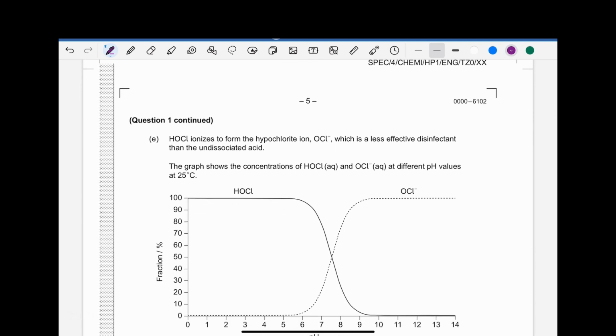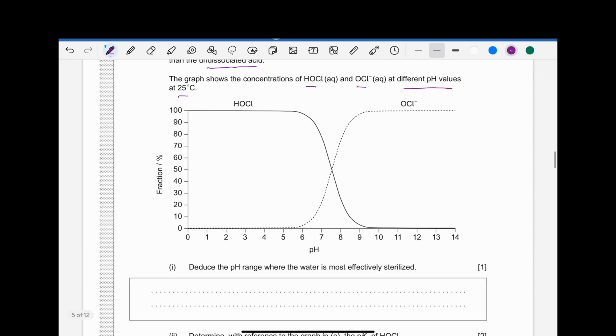HOCl ionizes to form hypochlorite. So HOCl, when it ionizes, breaks down into OCl minus, which is a less effective disinfectant than the undissociated acid. The graph shows the concentration of HOCl and OCl minus at different pH values at 25 degrees Celsius. Deduce the pH range where the water is most effectively sterilized.